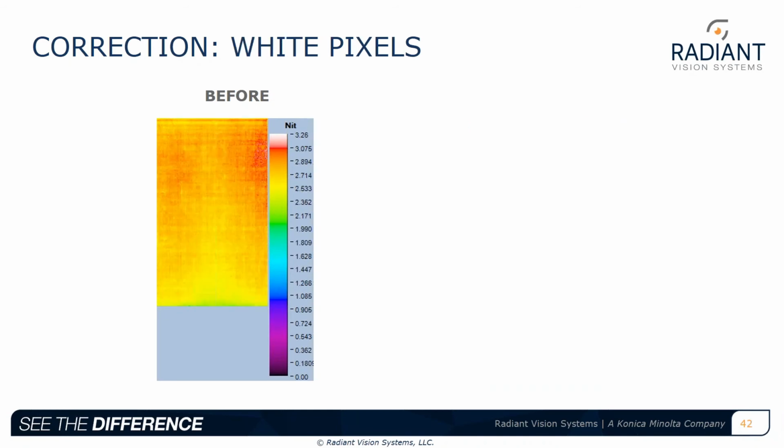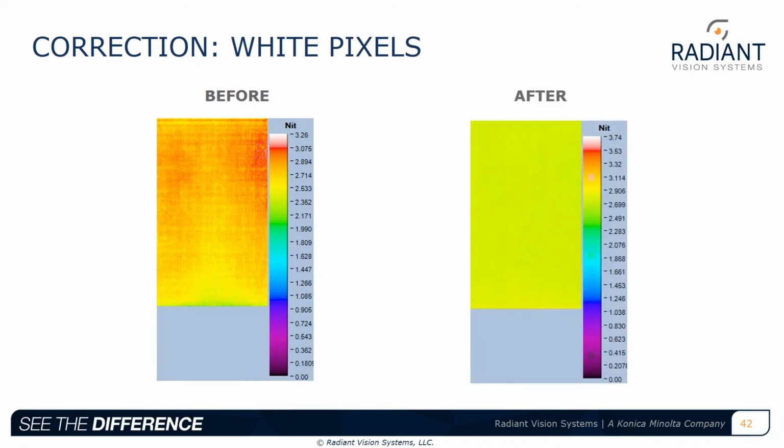And finally, for this display, this was an RGBW display, so we had a white subpixel as well that we were attempting to correct. Again, we can see many of the visual artifacts before correction have been removed after correction.